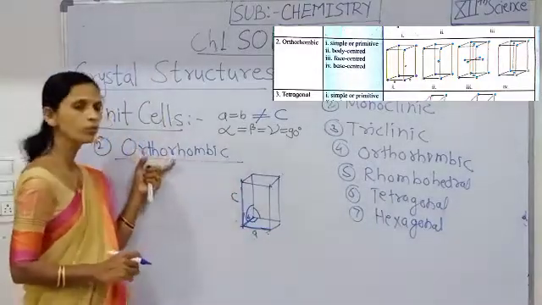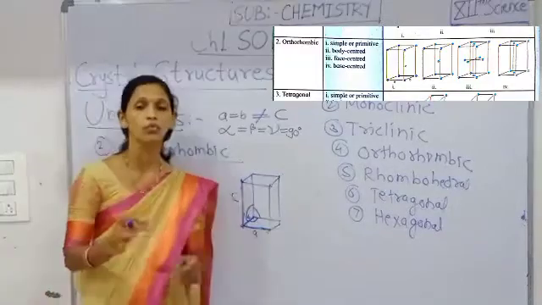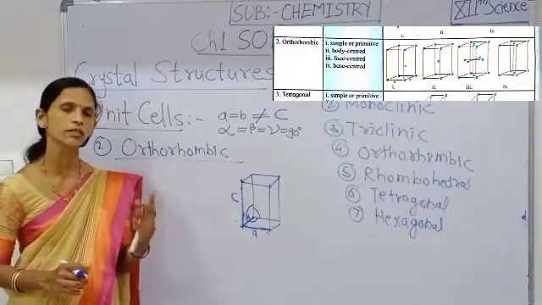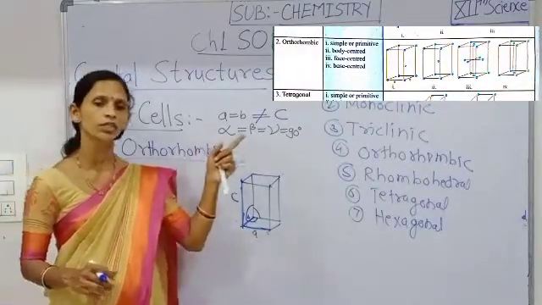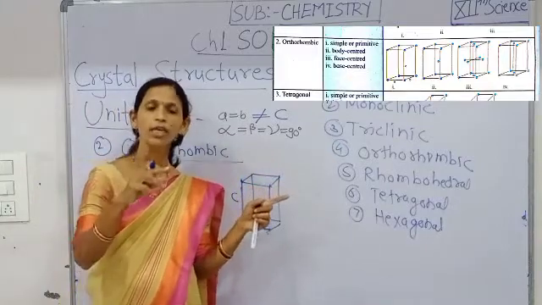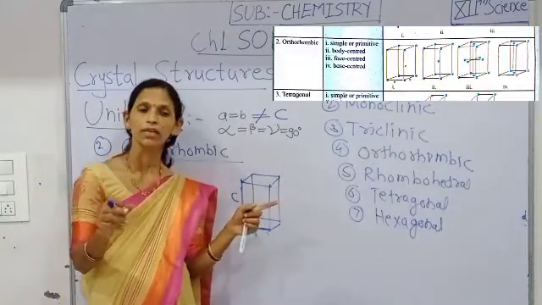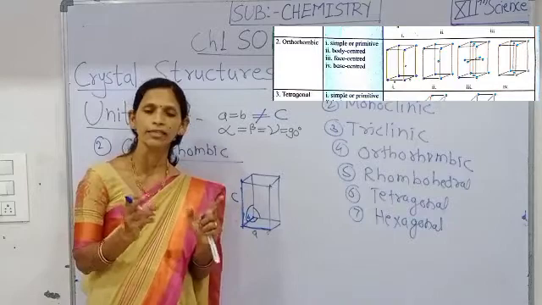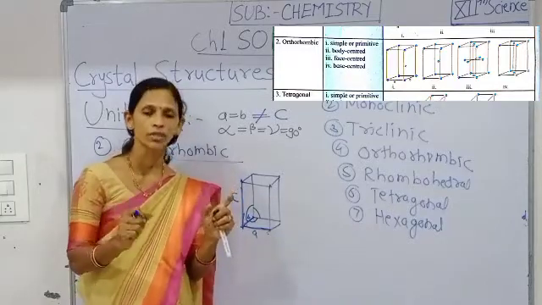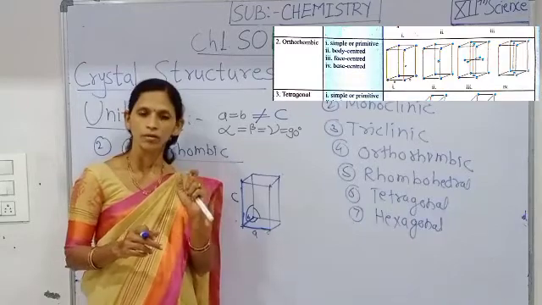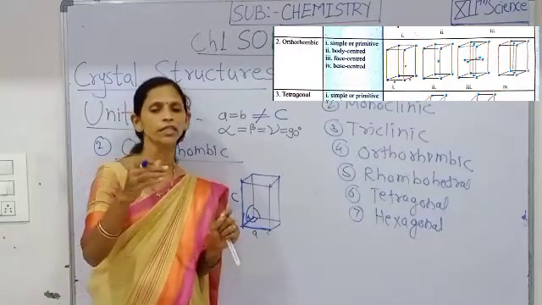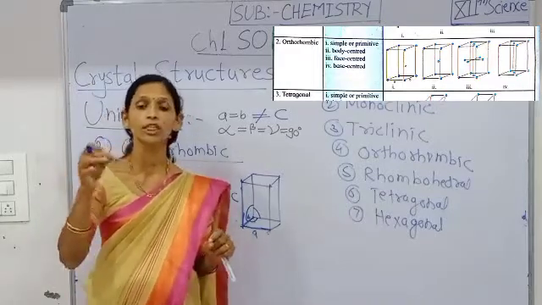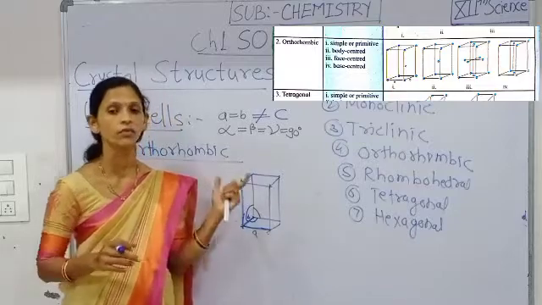See here, in orthorhombic there are also 4 subtypes of the unit cell. Simple, in which particles are only at the lattice points of the unit cell. Second, face centered, in which particles are present at each corner of the unit cell, as well as extra particles at the center of each face of the unit cell, that is face centered.